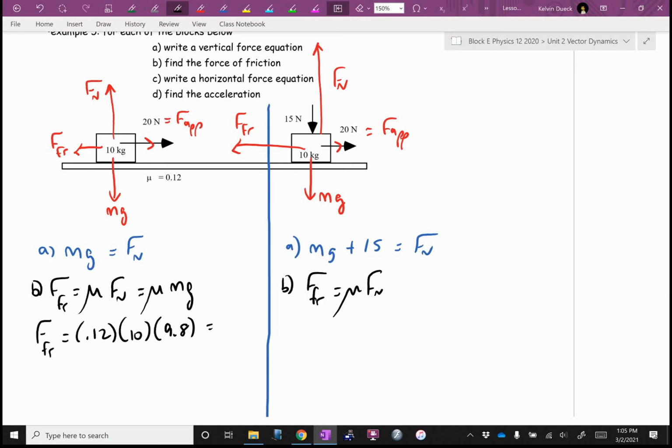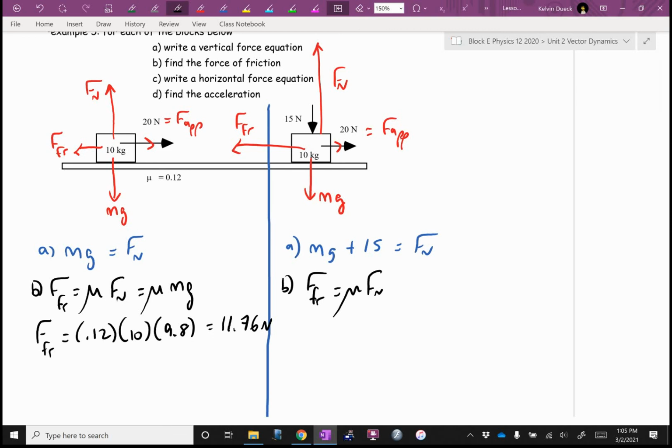It's going to be 10.8, 11.76? Double check me. Of course, you're all following along on your calculators. Right, Blue Jays? Yeah. There you go.